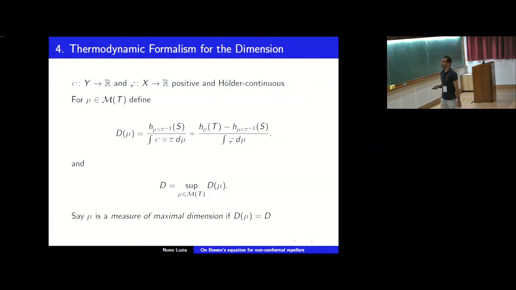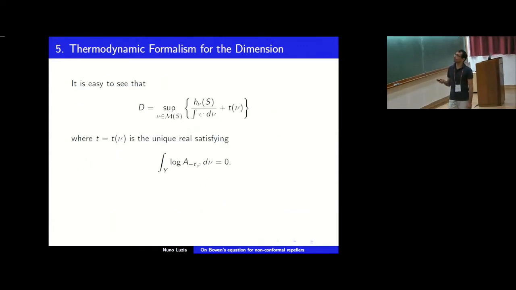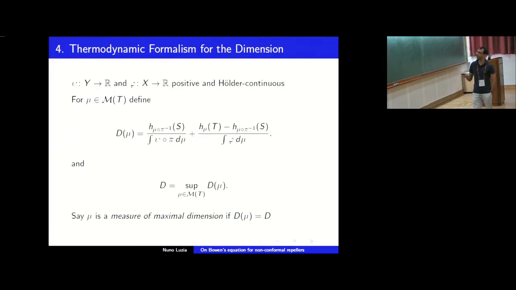And we say that mu is a measure of maximal dimension if the supremum here is attained at that measure, okay? So, it is easy to see that this D here, this supremum, can be written in this form here, okay? So this first expression is exactly the same as before, as this one here, okay?